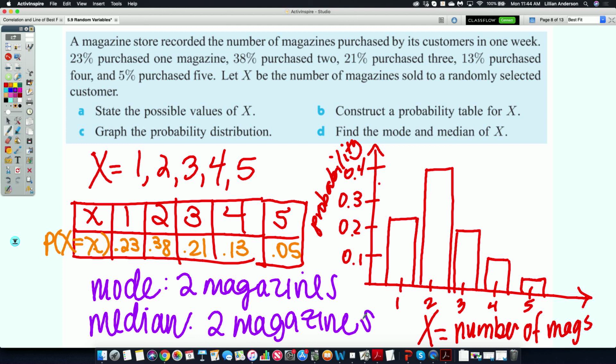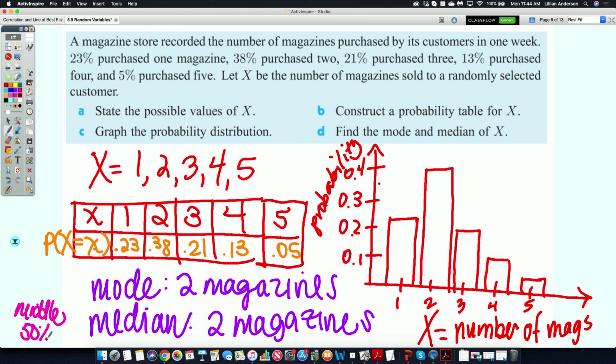So remember, median is that number that's in the middle. Okay? If you're looking at raw data. But it's still your middle 50% if you think about box and whisker, cumulative frequency. Right now you have 23% of your population buying magazines that only buys 1 magazine.